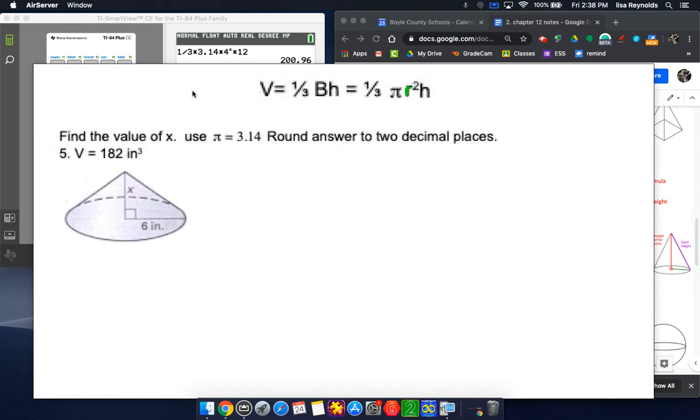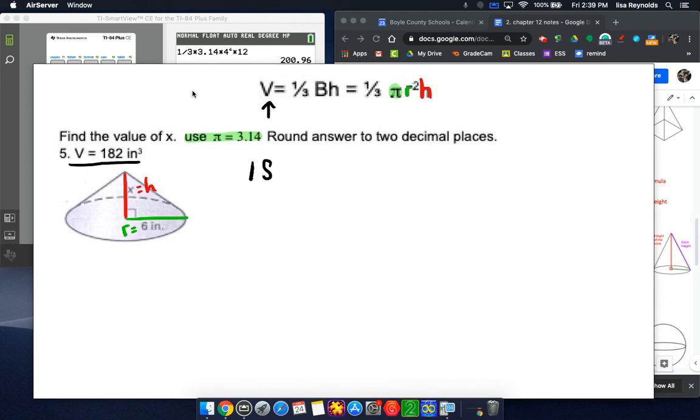So we need the radius, and in this particular problem, our radius is 6. We need the height. And in this particular problem, our height is what we're going to be calculating. Our value of pi is 3.14, and we have the volume to fill into the formula. So let's start substituting in.